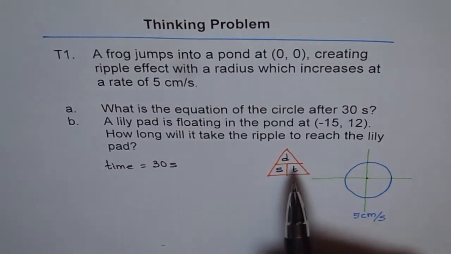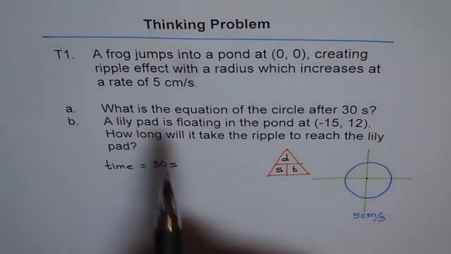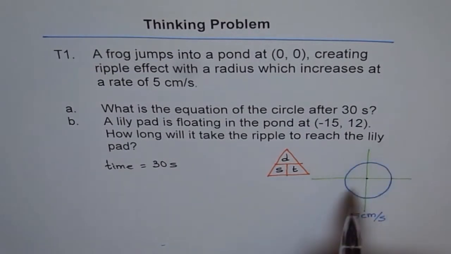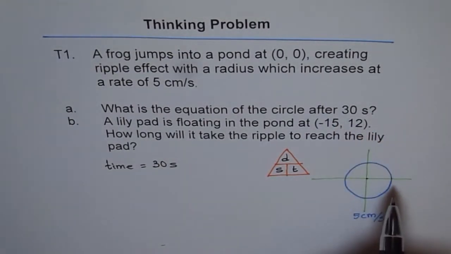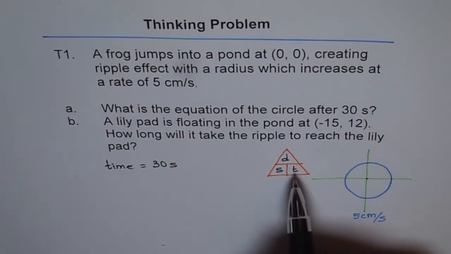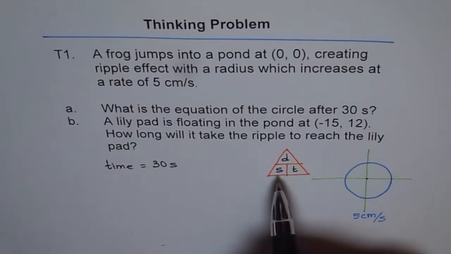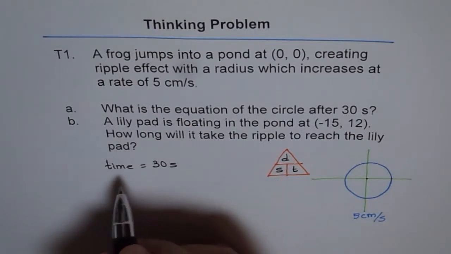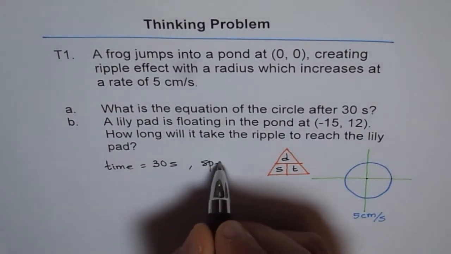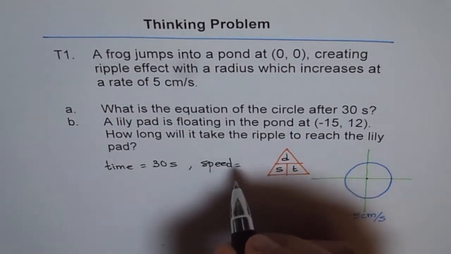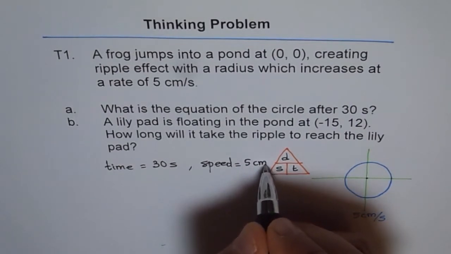So we are interested in what? How far will the ripple go after 30 seconds? That is the radius, right? So distance after 30 seconds when it is moving with the speed of 5 centimeters per second. Do you understand? So we have time of 30 seconds and the speed is 5 centimeters per second.